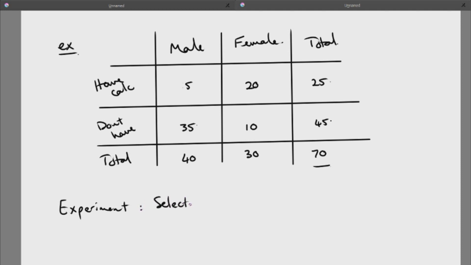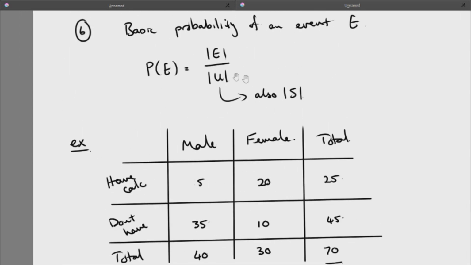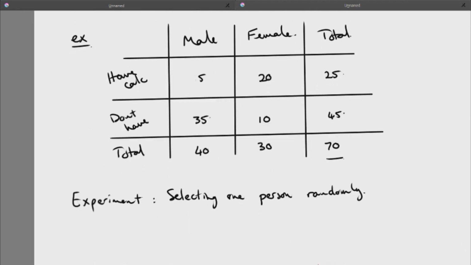To keep it simple, I'm selecting one person, and it's going to be random selection, so that every person is equally likely to be selected. I need that to be able to do probabilities in this simple way. It requires that every outcome is equally likely.